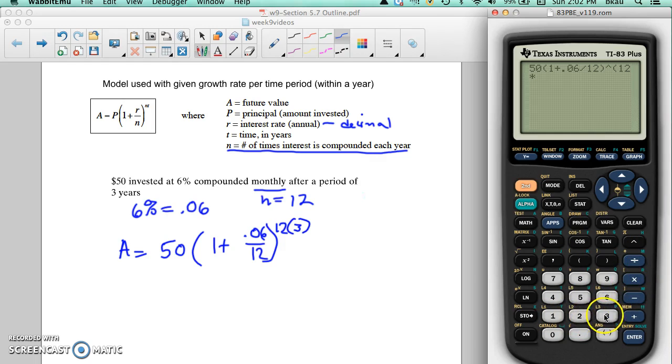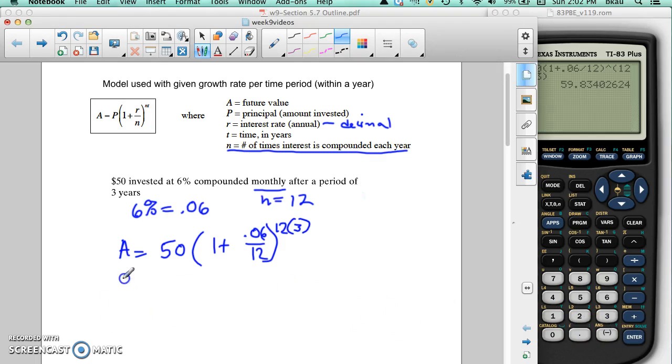We could just type in 36 also, but this would be my solution. So we're going to say the future value of this is $59.83, because that's what we got by plugging it into the calculator.